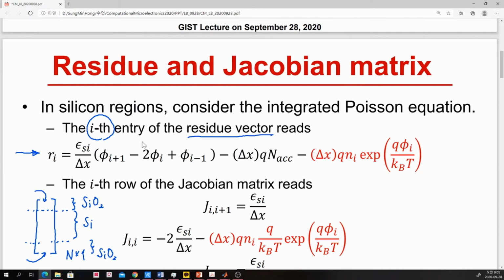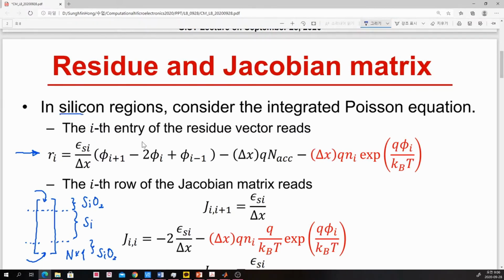In the regions devoted to silicon dioxide, we don't have to consider the contribution from electrons. So it's okay. Now we have to think about the silicon region. In this case, we have to consider the electron contribution.